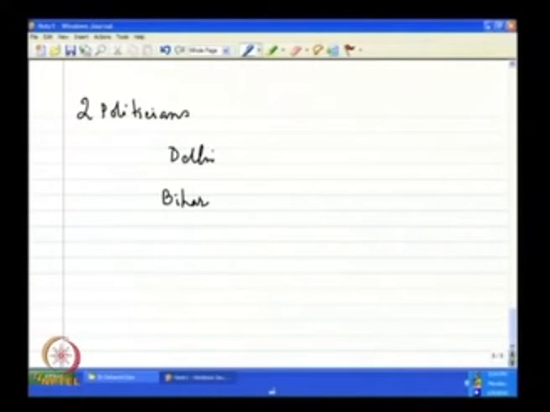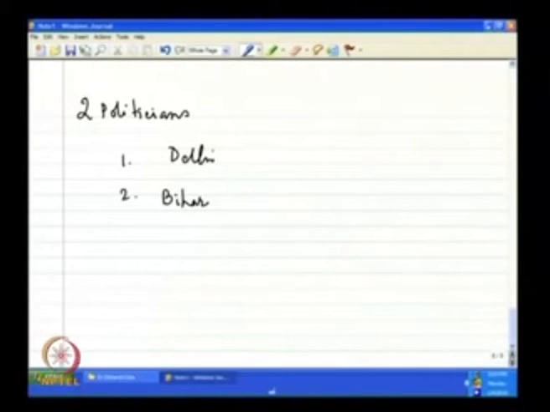Now, suppose politician 1 wants to announce that after getting elected to the office, this party is going to spend a lot of money in Delhi. What is the other option? The other option is that the party, if elected to the office, is going to spend a lot of money in Bihar. So, these are the two announcements that the party can make through these two politicians.